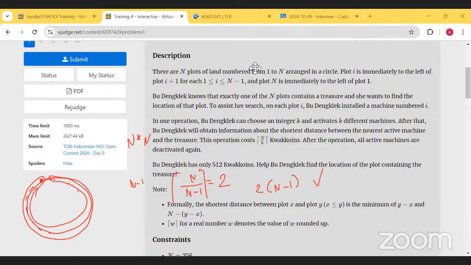Okay, another solution from Rafiullah. That's right. That is the better solution, I think. We can just query one location and then we will get the distance, right?